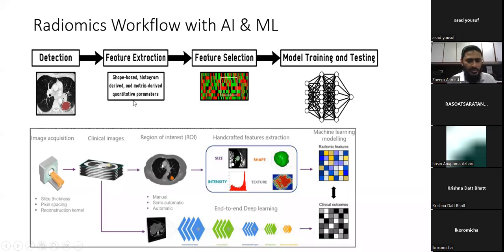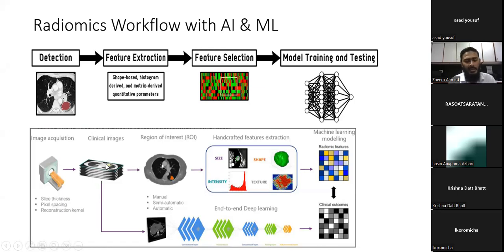These are two different types of workflows. One is for an artificial neural network, the top one. And if you are using AI and machine learning even for segmentation, which is one of the steps in radiomics analysis, it is also helpful to do the segmentation in earlier stages.